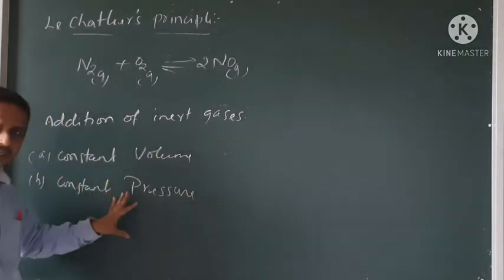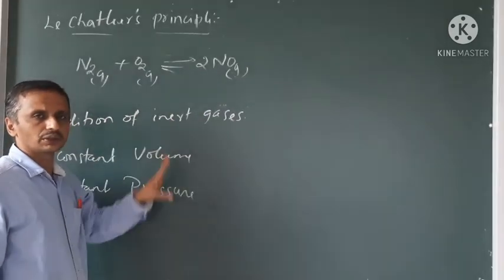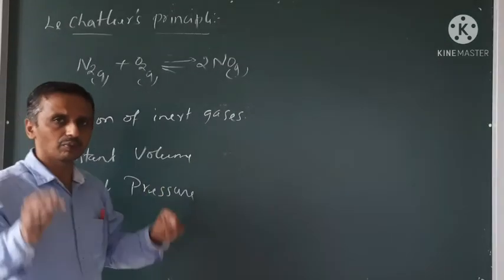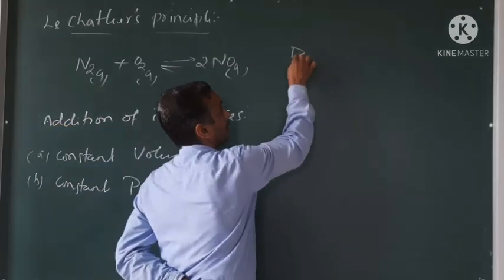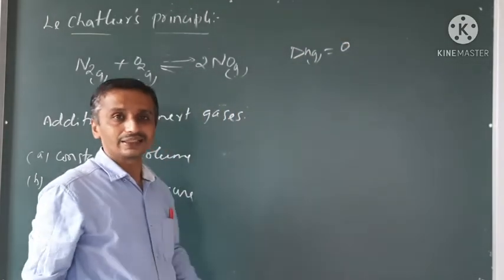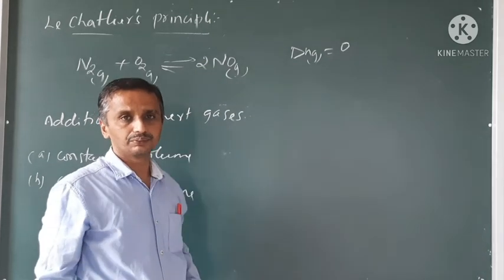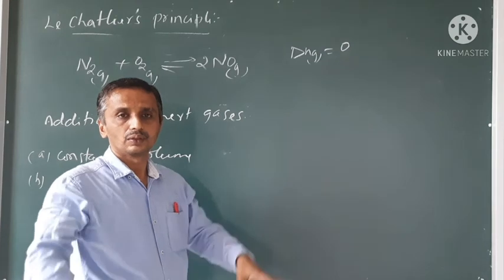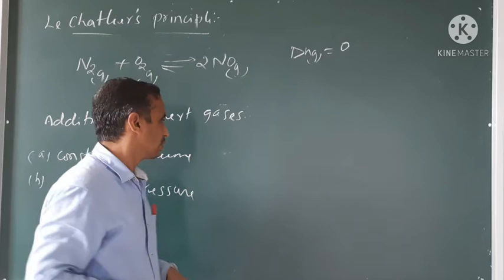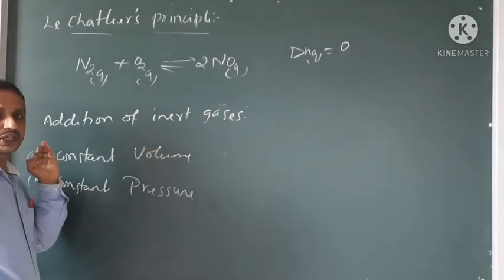By maintaining the pressure constant, I can add inert gases, or by maintaining the volume constant, I can add the inert gases. But remember, as delta N of the gas is 0, that is the number of reactant and product molecules are the same, addition of inert gases will not have any effect whether it is constant volume or constant pressure.